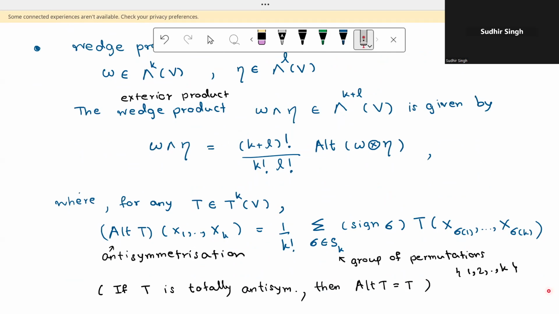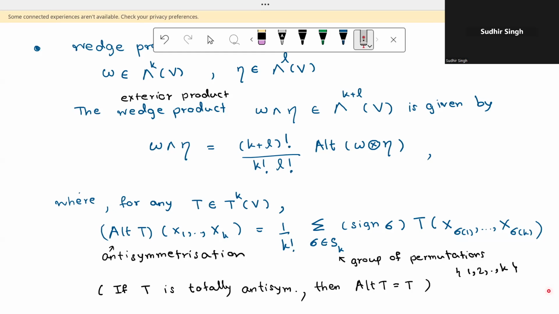So it is a sum. We consider permutations of the arguments and sum over all permutations, weighted by a sign. So it's permutations of 1 to K, like this.